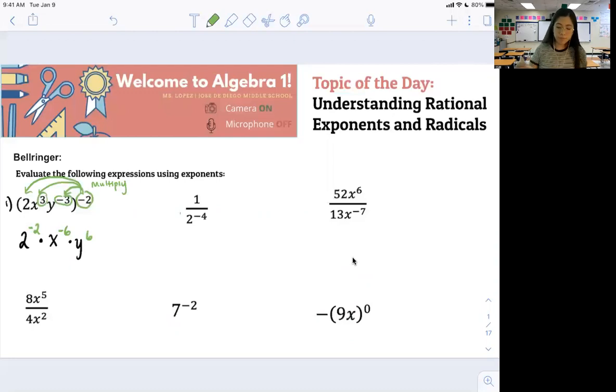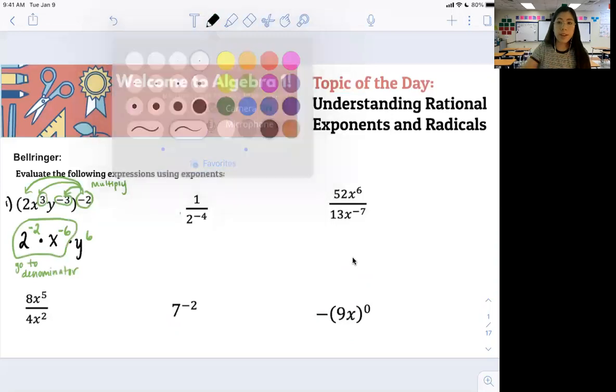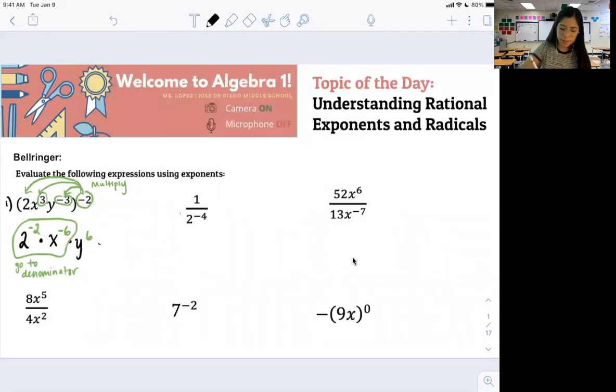The -6. So x with the -6, and there's another 2 with a -2. The 2 with the -2, exactly. These two have to go to the denominator, whereas the y can stay exactly where it is, on top.